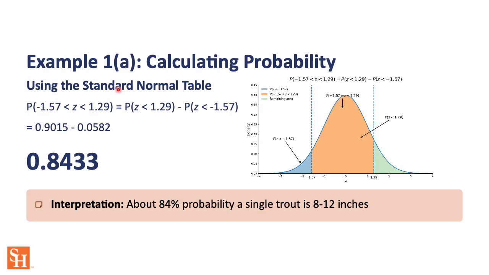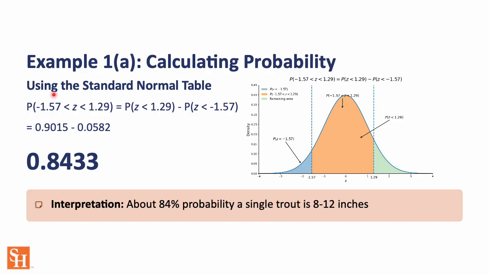In the previous slide, we discussed how we can calculate the z-score for the lower bound and the upper bound. So now this is the probability in terms of the z-score. Our original question was, what is the probability that X will fall between 8 and 12?